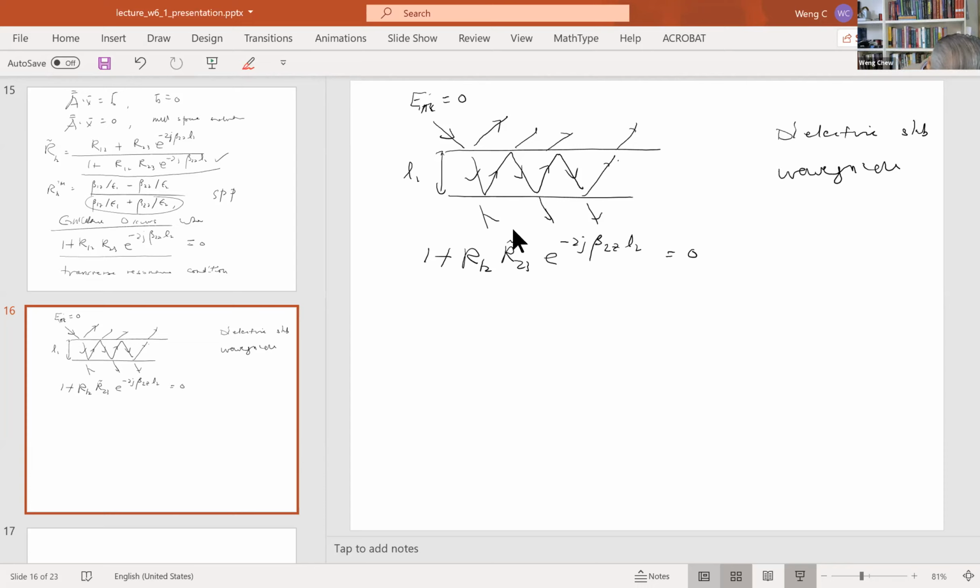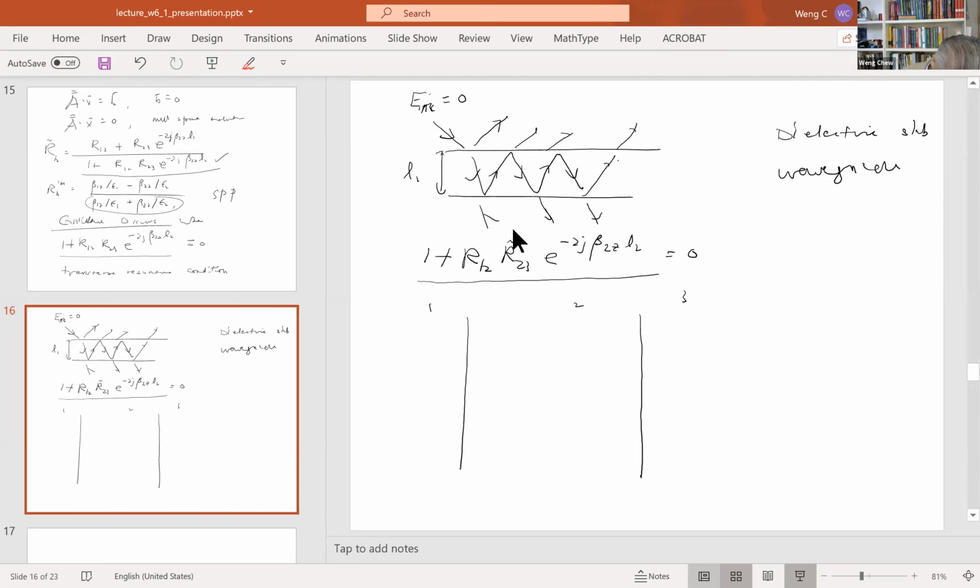So let's see if we can see more physics out of this. Why does this matter and what does it mean? You can actually do ray tracing to understand this as well. Let's start with the layered medium, a two interface problem where we have 1, 2, 3.